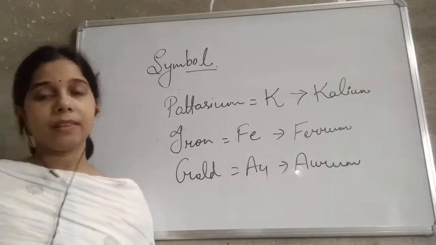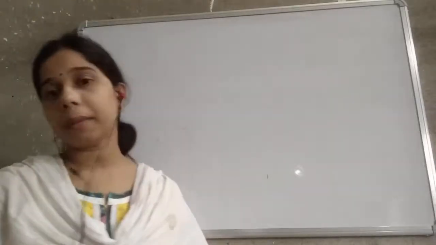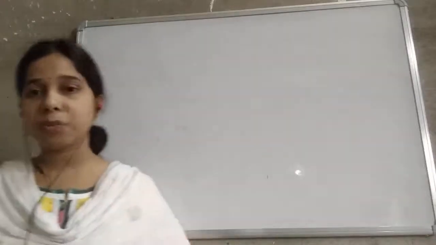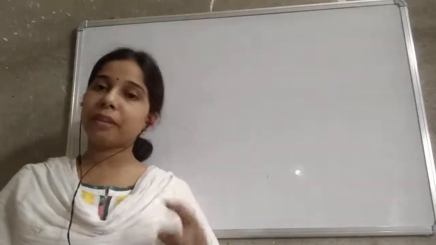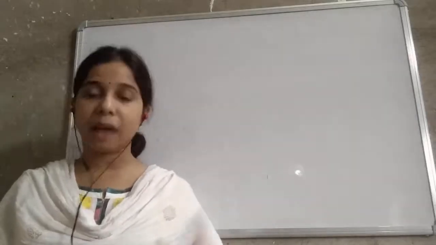Now we will see the atomic mass of the different elements. If we talk about the atomic mass of an element, students, again, atoms are very small. So it is very difficult to measure the mass of a single atom and weigh it.